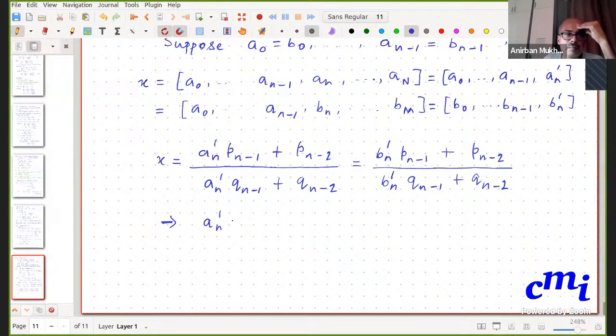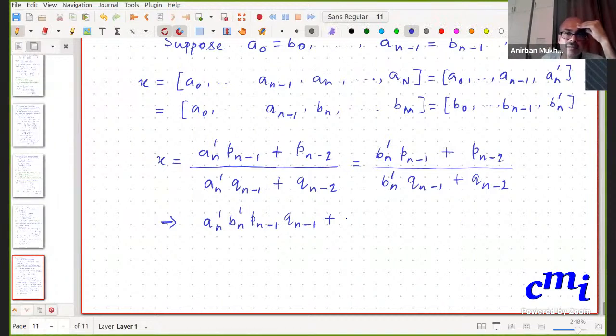So an', bn', just cross multiplying this. So pn-1 qn-1 plus an' pn-1 qn-2. Okay, I should just do it from one side. So let's do it like this.